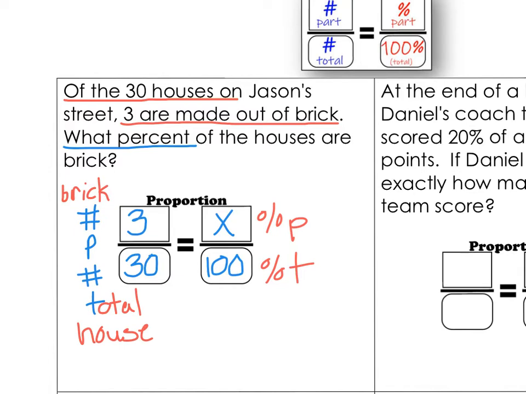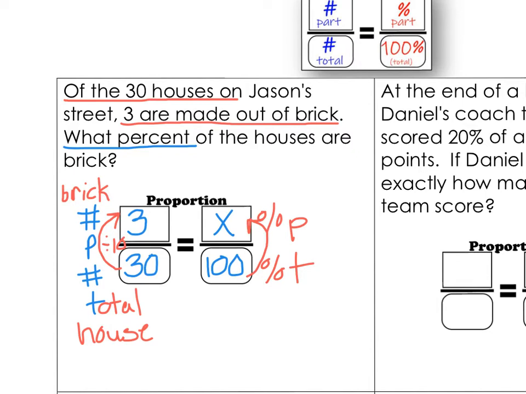Now, I'm going to not cross multiply on this one. I'm going to show you that you can still use scale factor here, or you can end up cross multiplying if you need to. But I know to get from 30 to 3, we can simply divide by 10. 30 divided by 10 is 3. So what I do to one ratio, I have to do to the other.